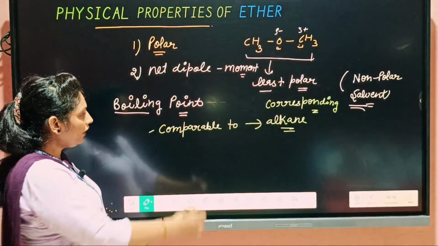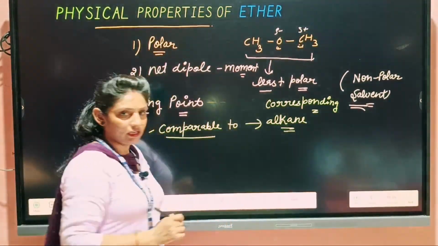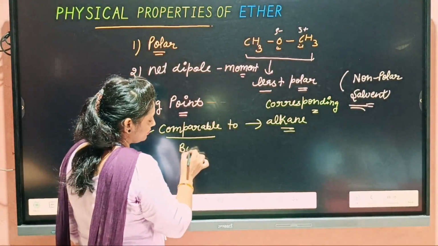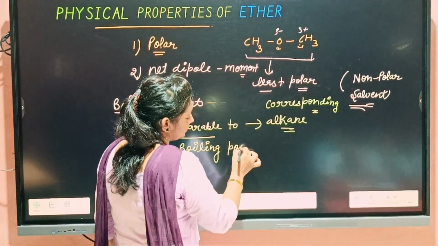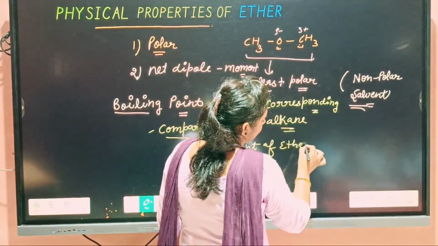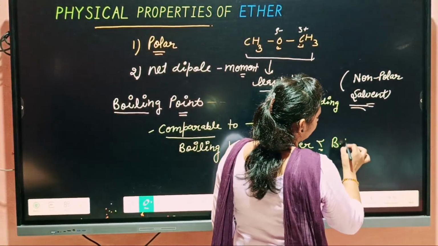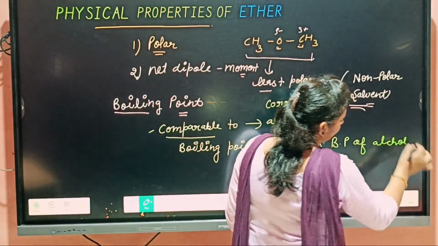So they have a boiling point comparable to the corresponding alkane, but their boiling point is very less as compared to the boiling point of alcohol.